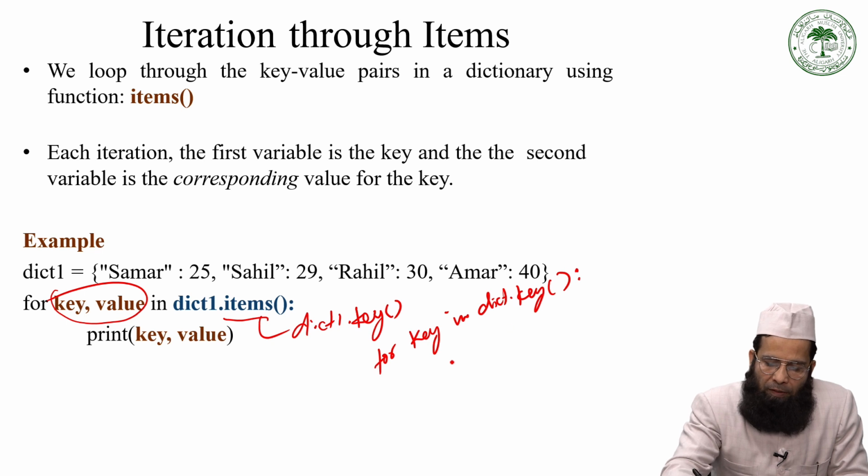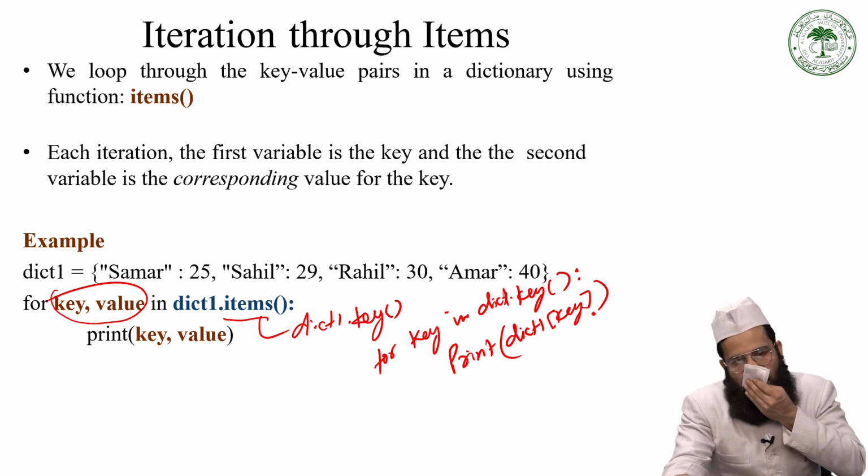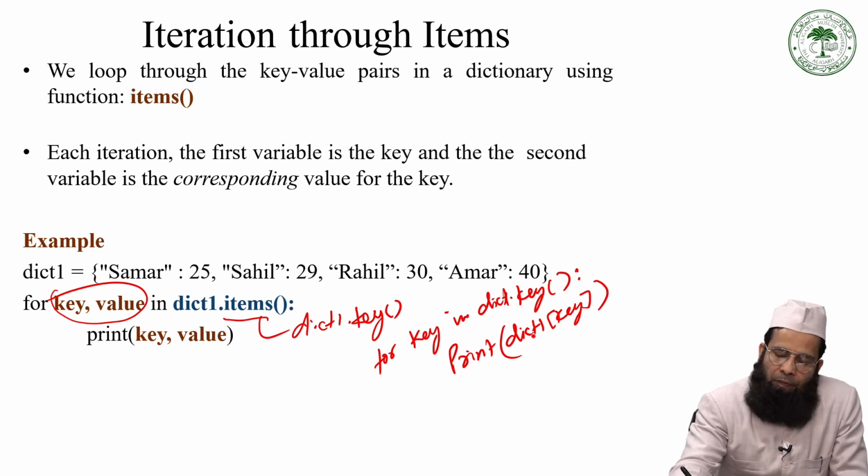If I need to print, then I will write print. Let's say my dictionary is dict1, so dict1[key]. In this way I can print the individual value at those keys, right?